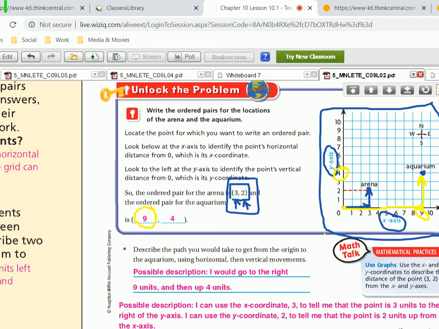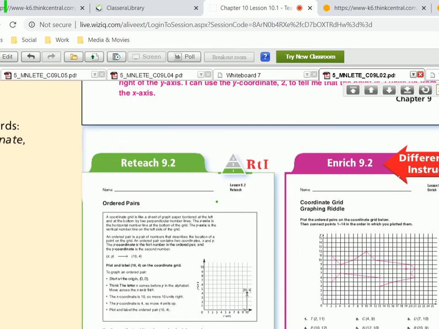Here 9 is the x coordinate and 4 represents the y coordinate. So the location of the aquarium is, first this number and second this number, 9 and 4. Okay, let's move to the next page.